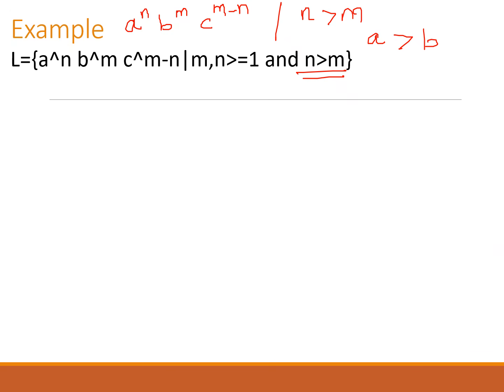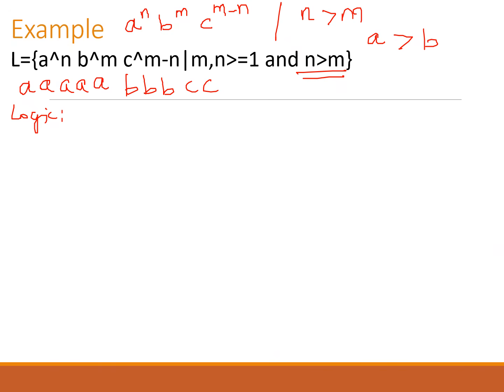So for example, let us take a string of say 5 A's followed by 3 B's. So this is 5 minus 3, which should be 2 C's.